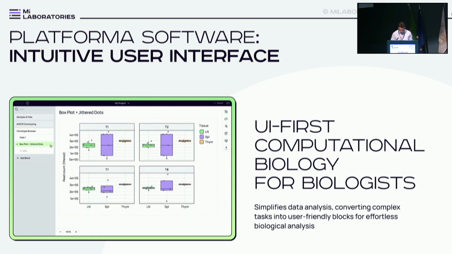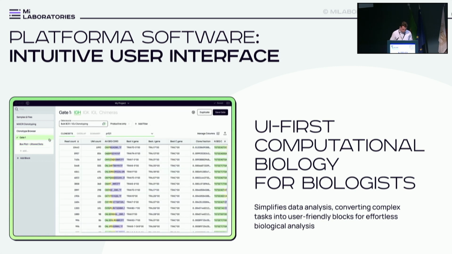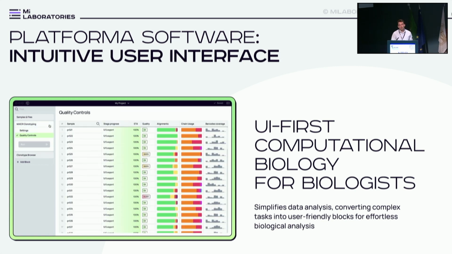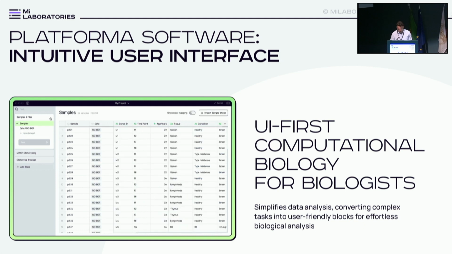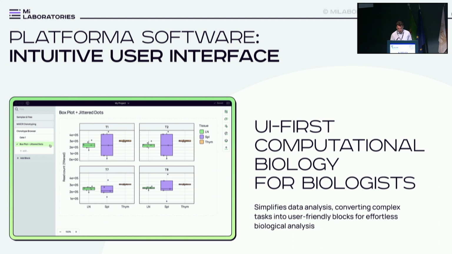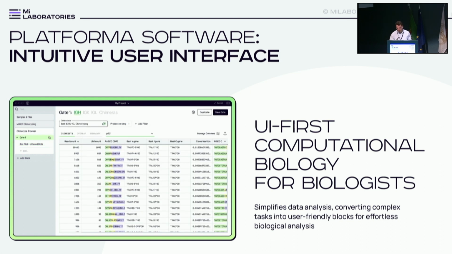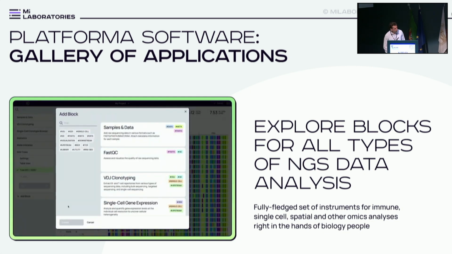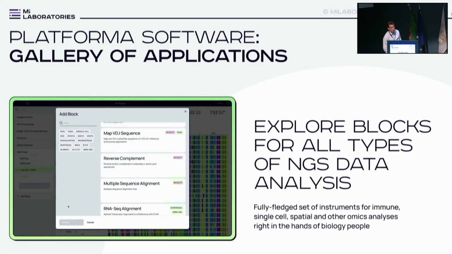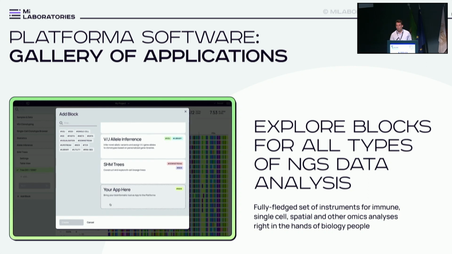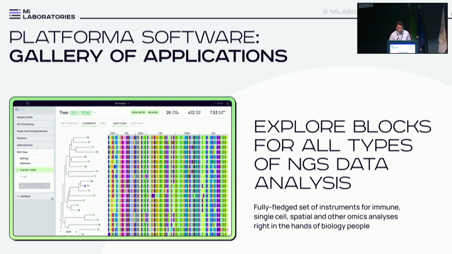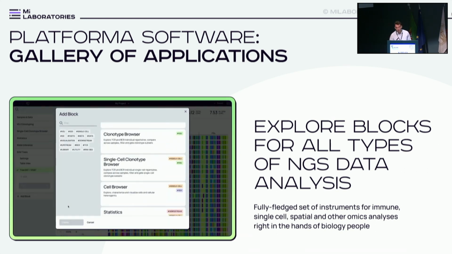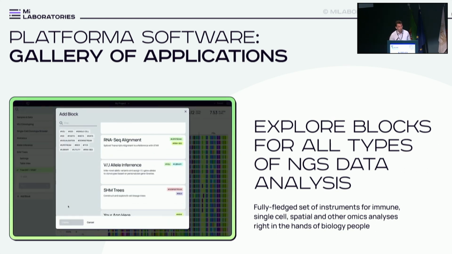It's very important to understand that repertoire sequencing is not the one thing people do; even in this field, there are plenty of applications and algorithms. That's why we are not building just a graphical user interface around MiXCR, but an open platform which supports all sorts of applications in computational biology, starting, of course, with repertoire sequencing.